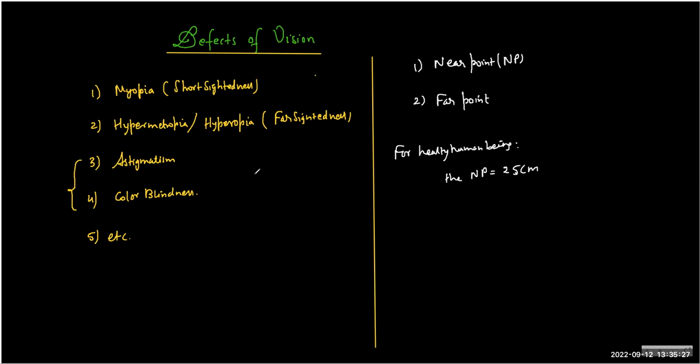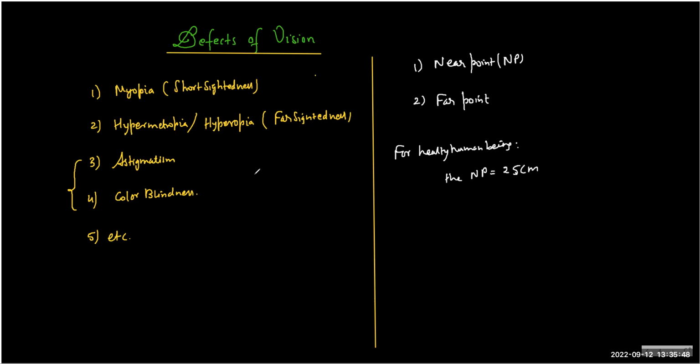Now, this is not true in general because a small kid can see even at 6 centimeter distance with clarity. And as we grow old, in old age, it goes up to a few meters also. So this is like a world average taken, I think.